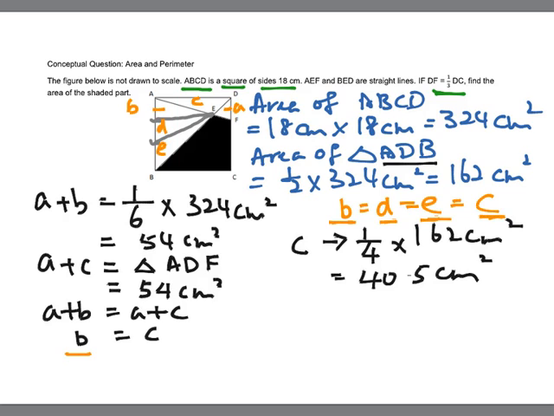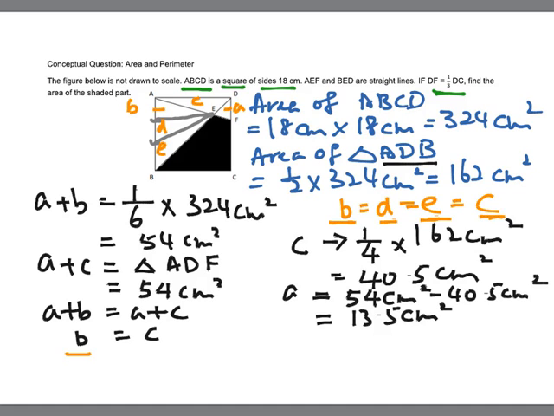If C is that, then A would be the whole area of 54, since A plus B was 54, minus 40.5 square centimeters, which is equal to 13.5 square centimeters.